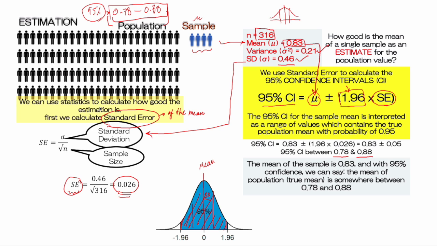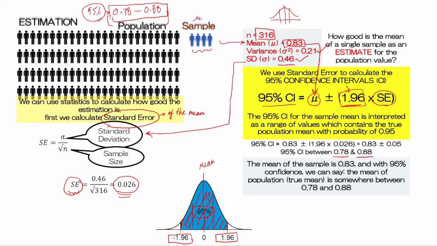We said that two standard deviations cover 95% of the population, but in reality it's not two, it's 1.96 standard deviations. This is why we use this value to find the 95% confidence interval. One more time, we are 95% confident that the population has a mean between 0.78 and 0.88.